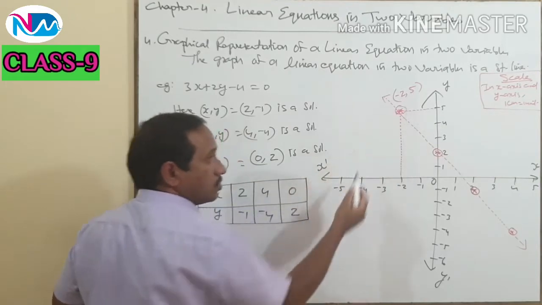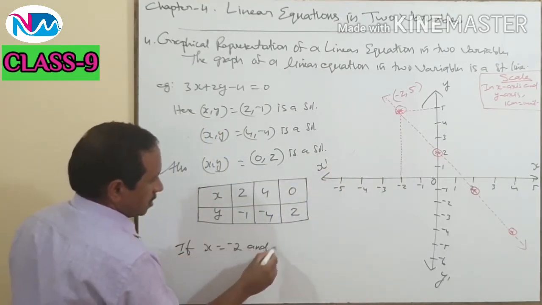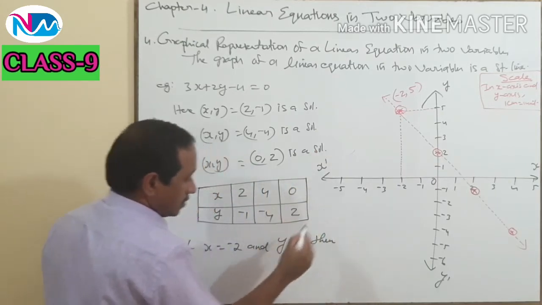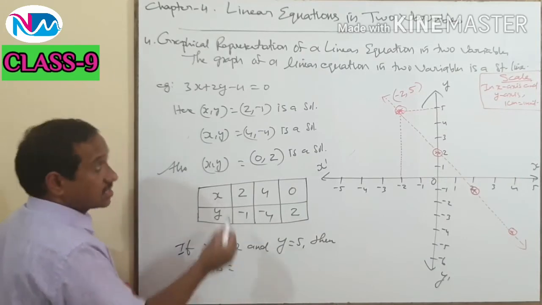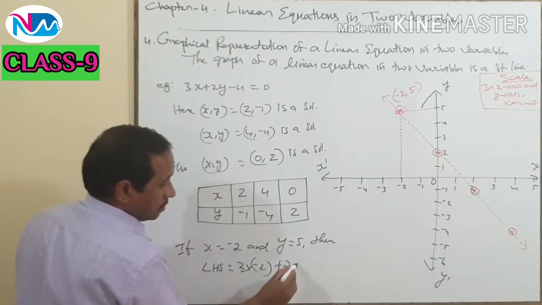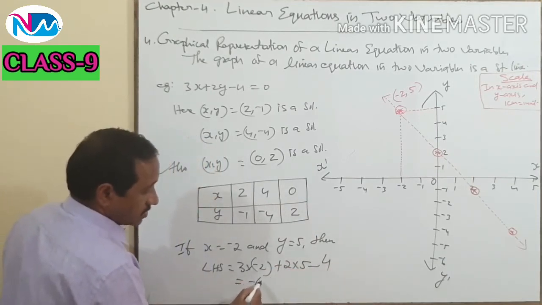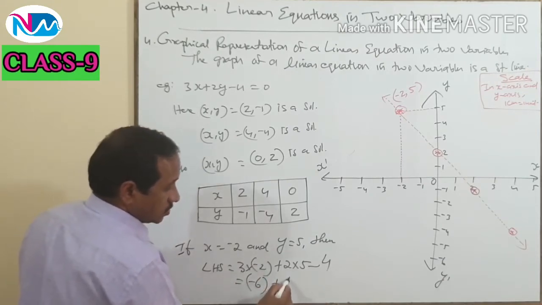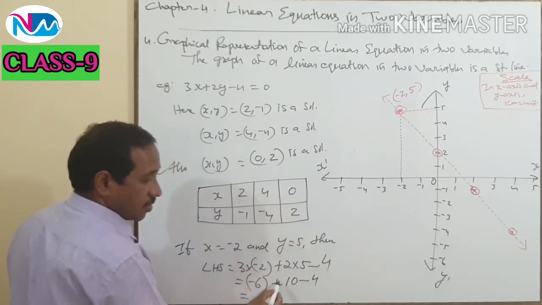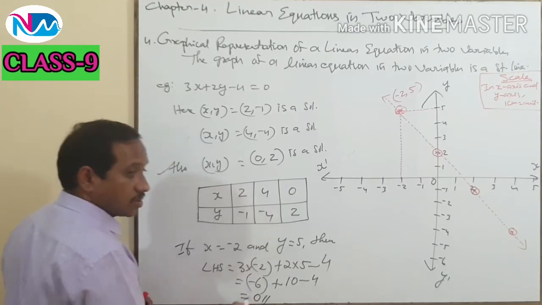If x is equal to -2 and y is equal to 5, then LHS is equal to 3 into -2 plus 2 into 5 minus 4, that is -6 plus 10 minus 4, which is equal to 10 minus 4 is 6, minus 6 is equal to 0.